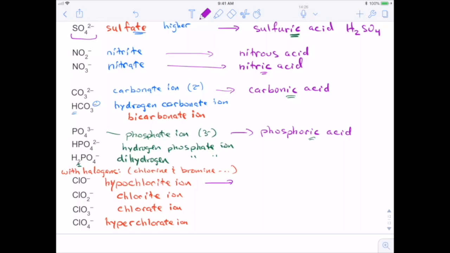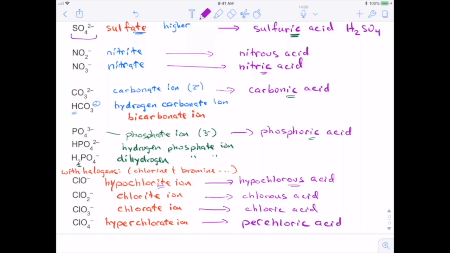Forming the acids with any of these, this would be hypochlorous, because the ous is associated with the ite, but we just have a hypo in front of it. This would just be chlorous acid. This would turn into chloric acid. And in this case, it's not hyperchloric, but it would be perchloric acid. And that should about do it.